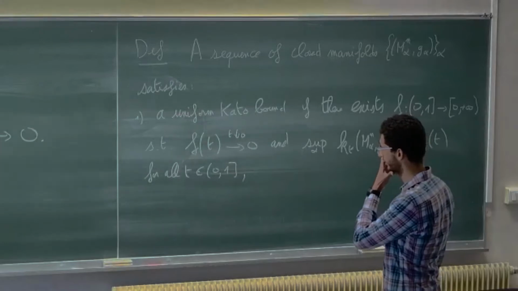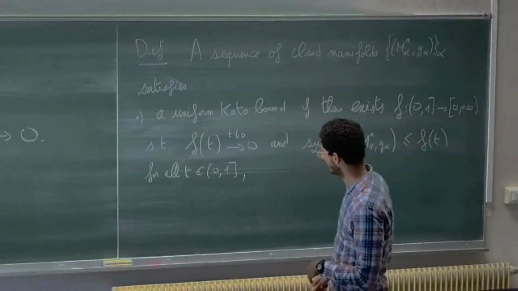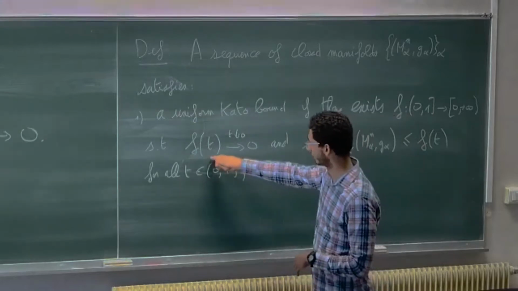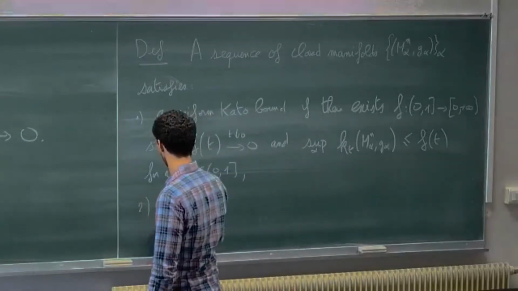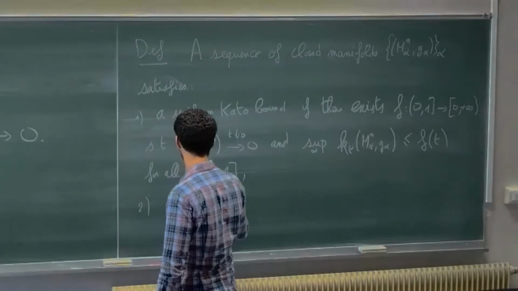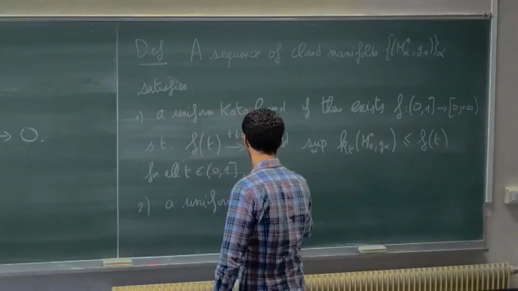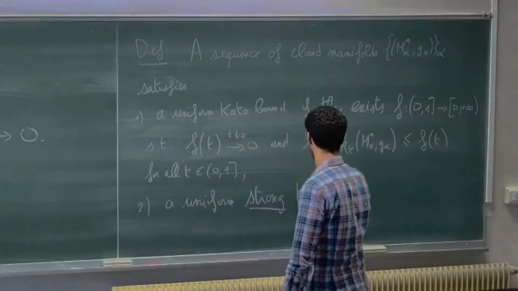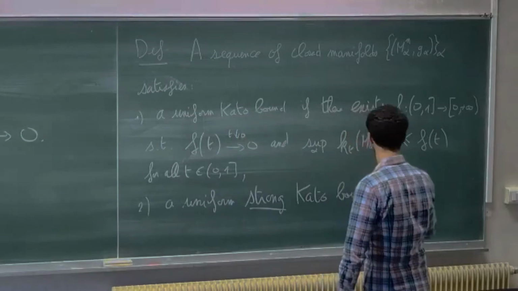We're also interested in a stronger assumption, where we add some control on f around 0. Namely, we assume that the sequence of manifolds satisfies a uniform strong Kato bound.